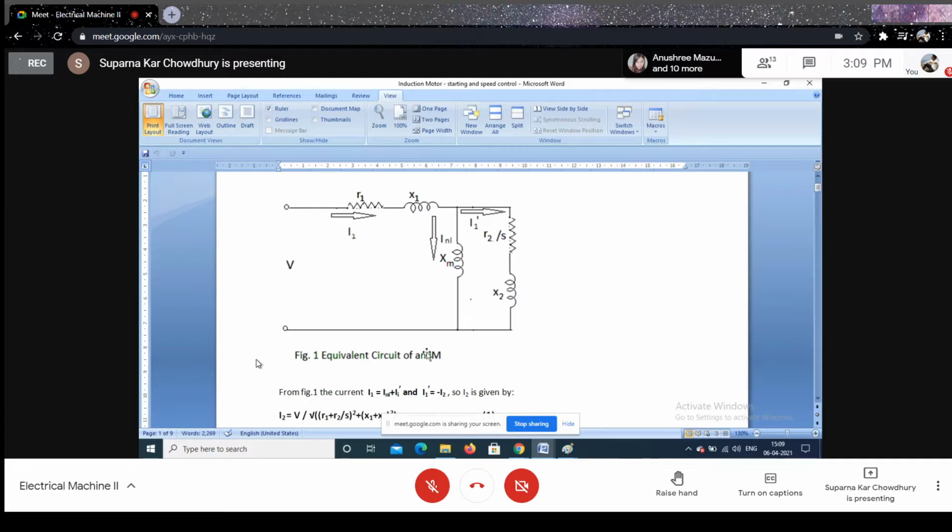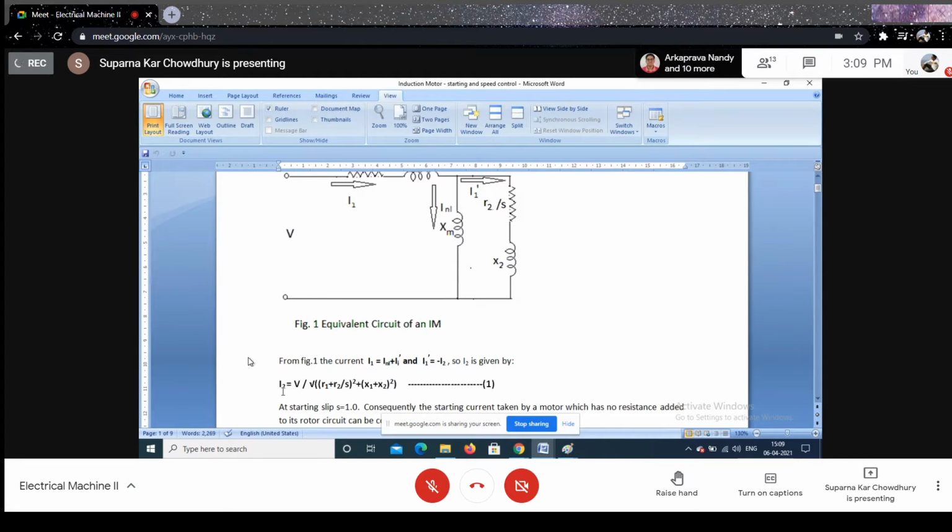So approximately from here we can get that the current I1 is given by supply voltage divided by the total impedance of the circuit.